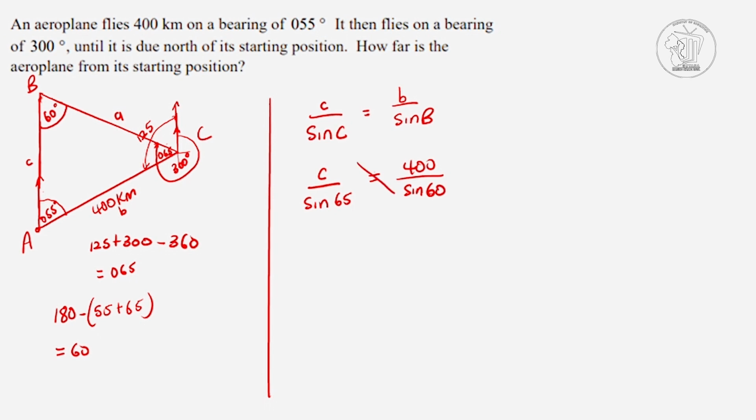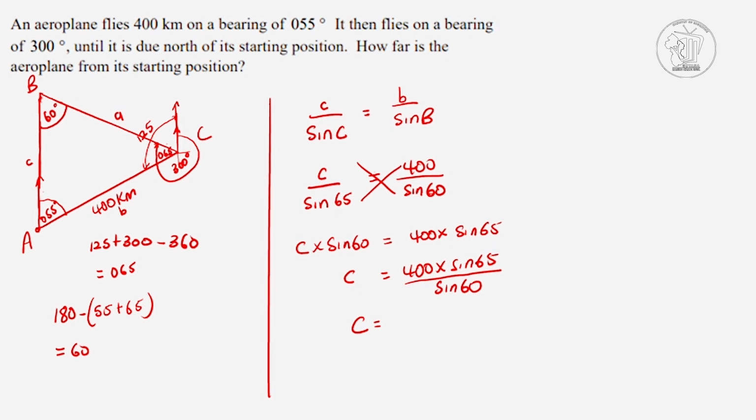So we do some cross multiplying. We'll have c multiplied by sine 60 is equal to 400 multiplied by sine 65, and c would be equal to 400 multiplied by sine 65, all divided by sine 60, since sine 60 is multiplying and when you take it over, you divide. So 400 multiplied by sine 65 gives us 362.523, and this divided by sine 60 gives us 418.6.